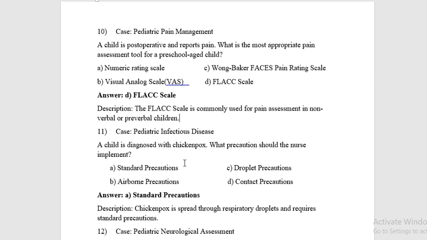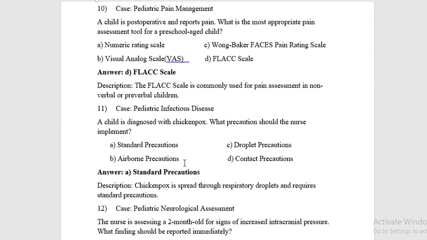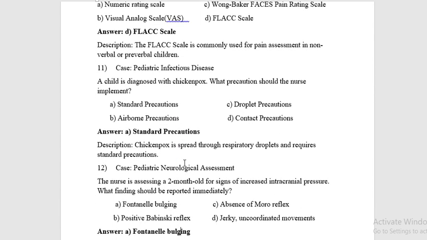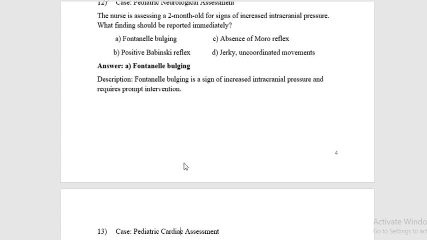Choice C, droplet precaution. Choice D, contact precautions. The answer is standard precautions. Choice A is the best answer. Chickenpox is spread through respiratory droplets and requires standard precautions.